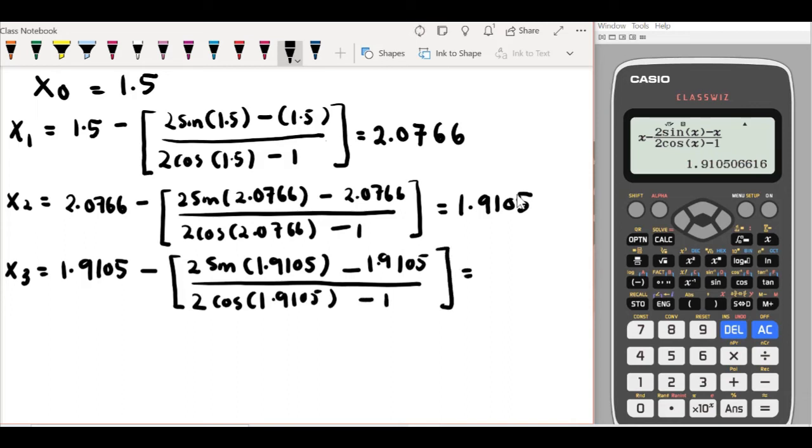Okay, so for this function we want to find the value. So equal, answer, double equal. So our next answer will be 1.8956. Okay, settle with that.